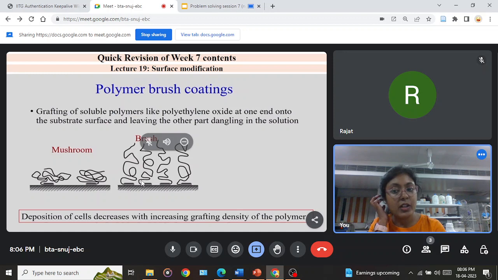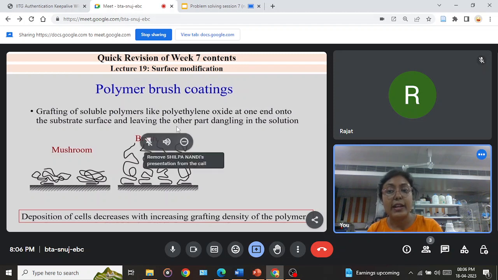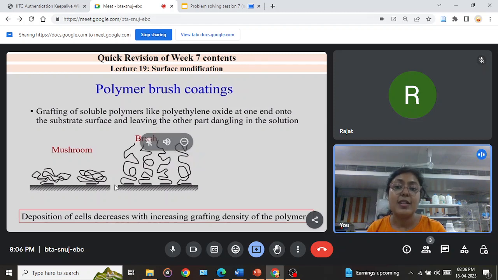So if the grafting density increases, the deposition of the cells will decrease. Whereas if the grafting density decreases, the cell deposition will increase.